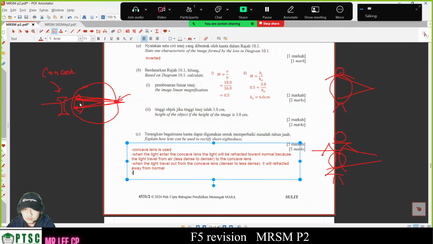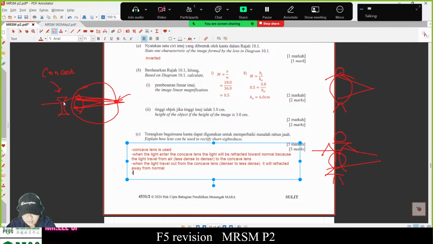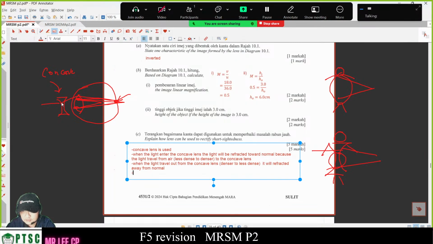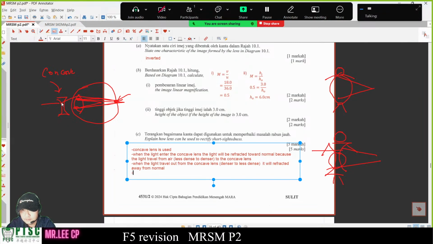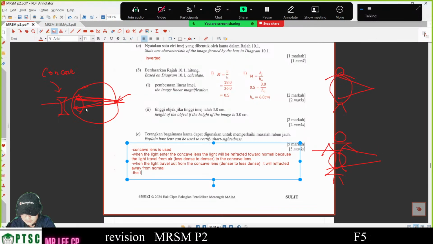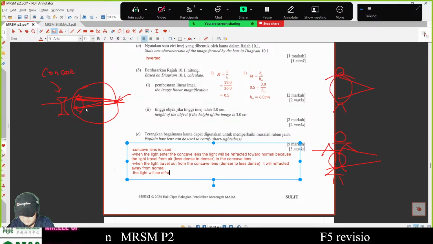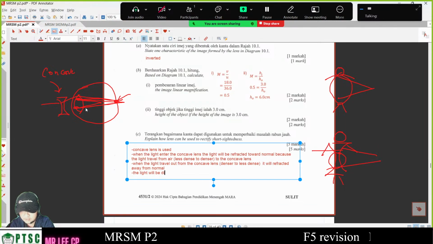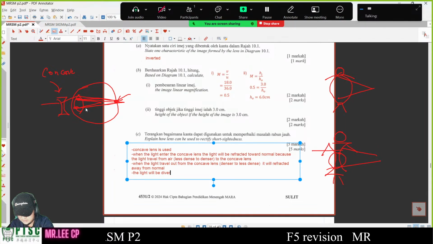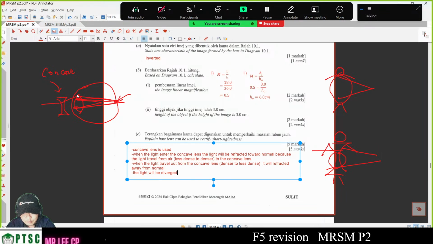Now the distance of the light. So this one it will diverge. The light will not diffract, it will diverge upward.